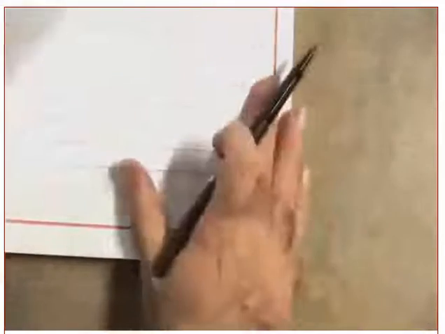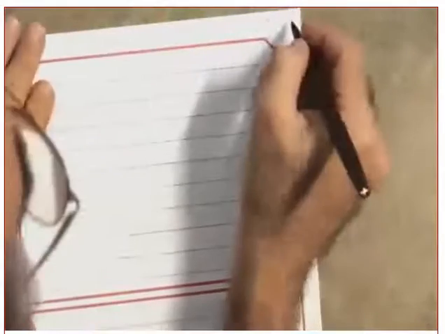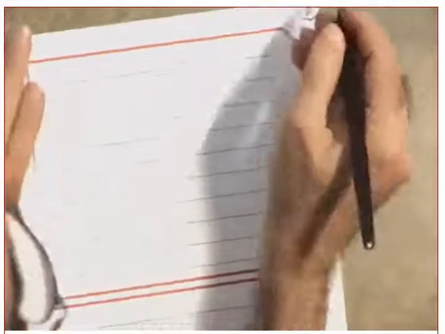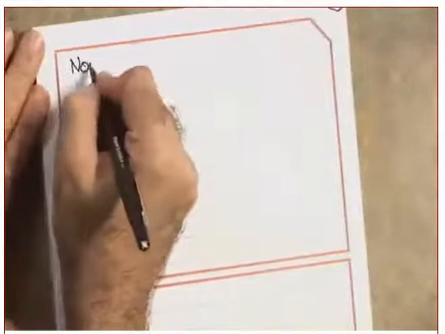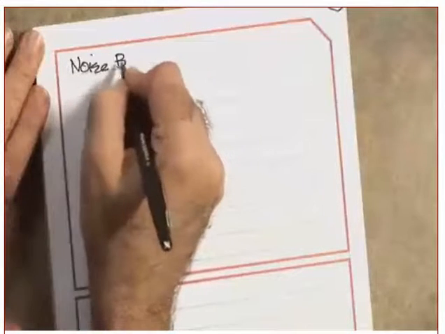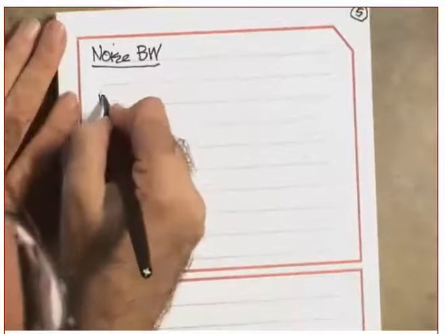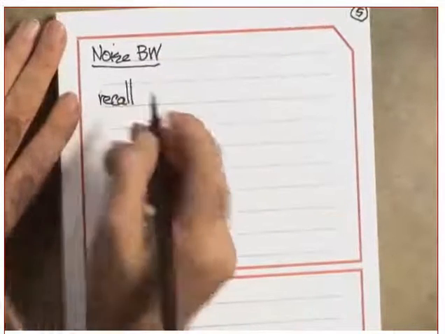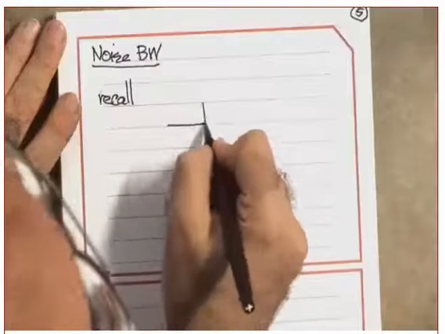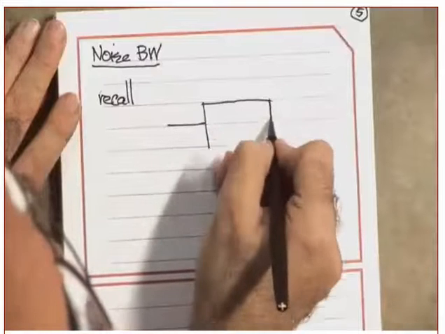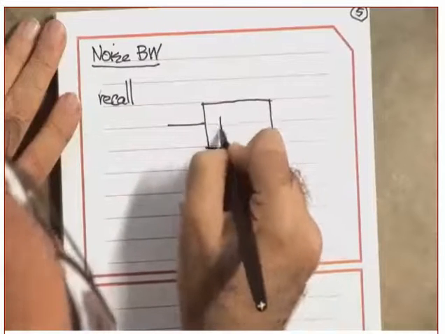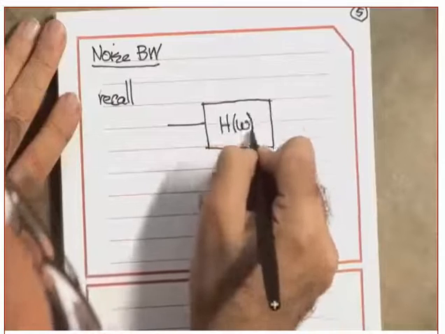Okay, good. Now, let's get to the noise bandwidth situation. First of all, let me review something. Recall, I have a system with H of omega.